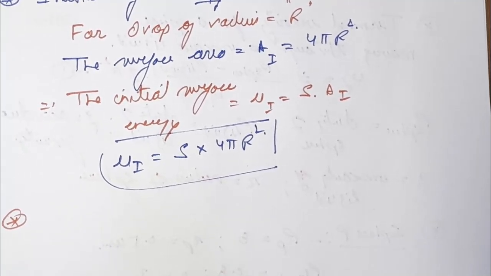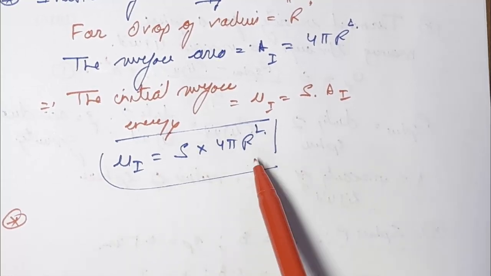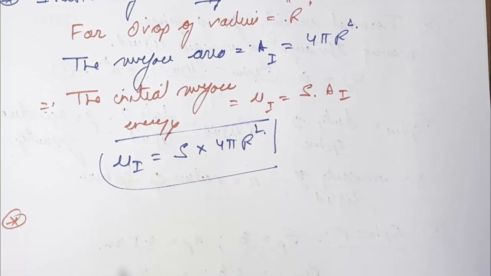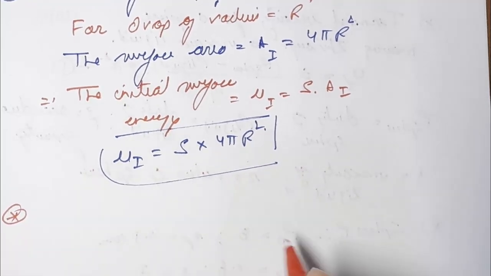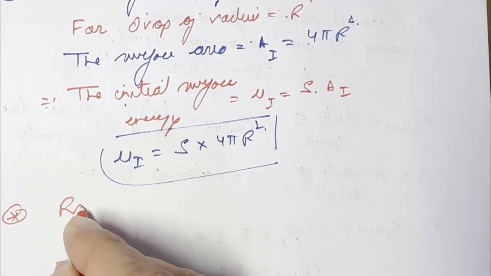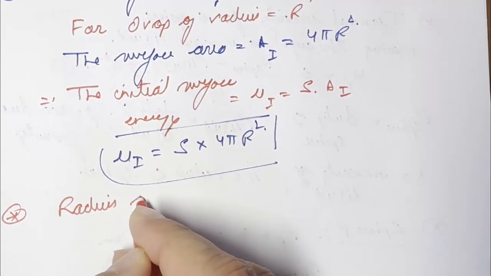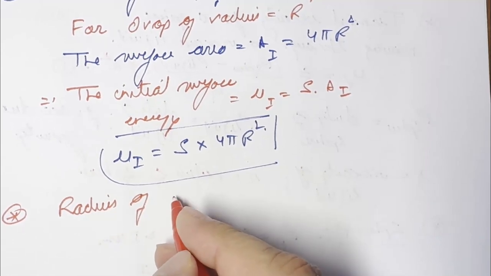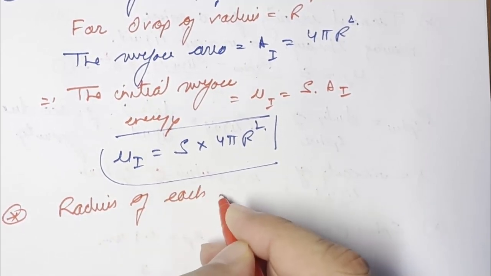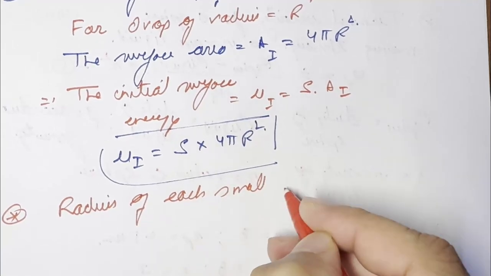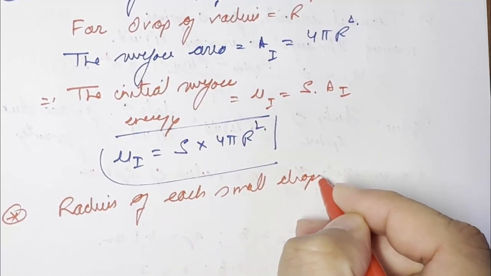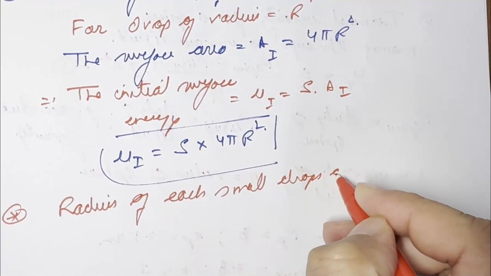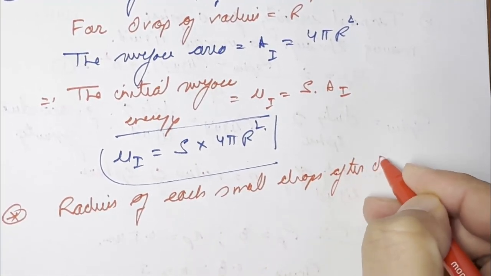Before that, we are going to find out the relationship between the radius of the bigger drop and the radius of the smaller drops. So let us find out the radius of each small drop after division.